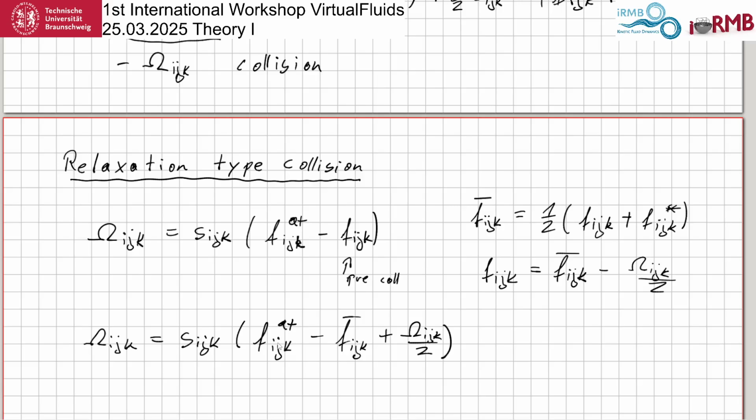Then you can actually translate this. However, somebody jumps on my back when I tell you that the equilibrium depends on some non-equilibrium part. The equilibrium can only ever depend on conserved quantities, right? Therefore Pietro Asinari called this a generalized equilibrium. I call it an attractor. This is where the distribution is going to, but it's not necessarily the equilibrium. Actually, if there's only one relaxation rate, then it's the equilibrium.